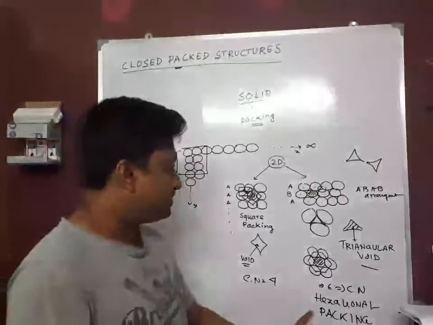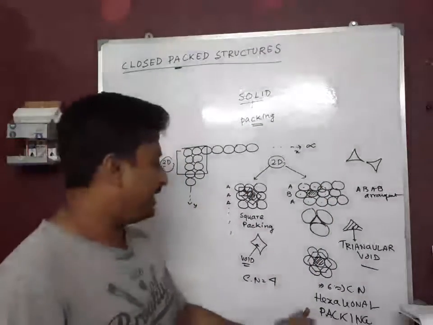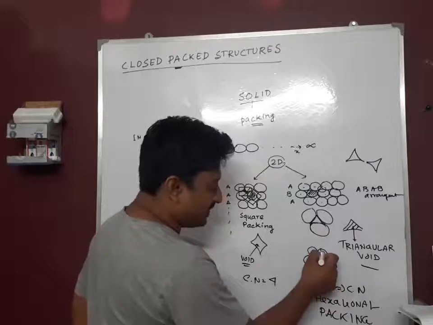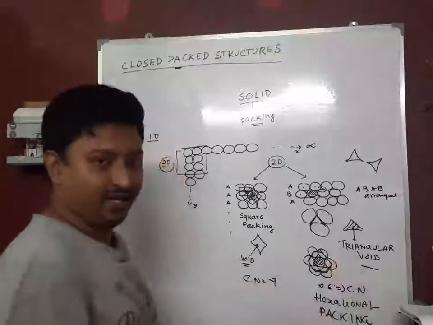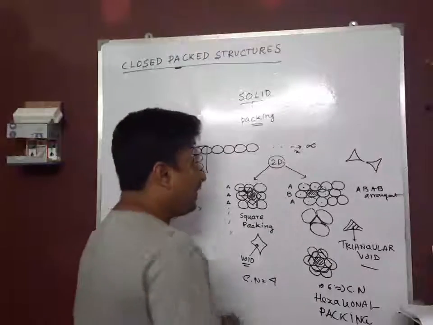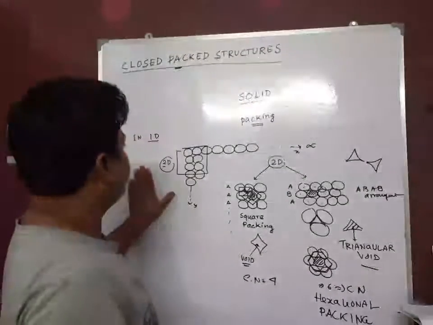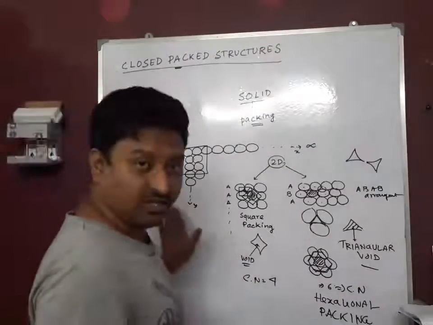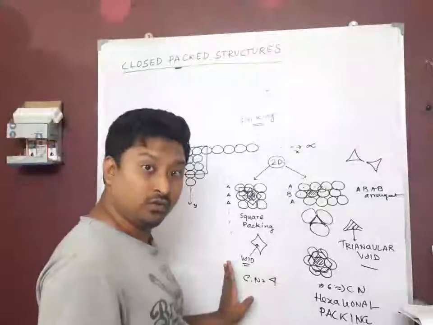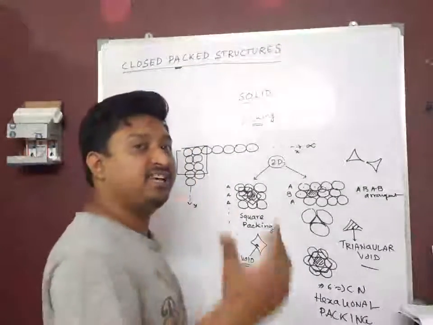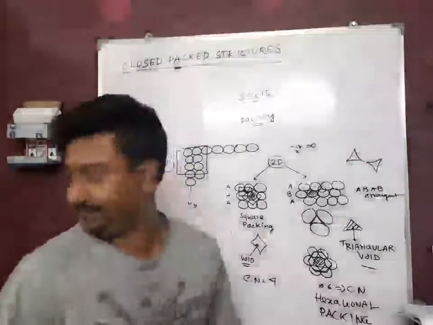So it is known as hexagonal packing, and indeed it forms a hexagonal structure in its coordination shell. Now what we talked about so far is the one-dimensional close-packed structure and the two-dimensional close-packed structure. Now let's see what happens in case of three-dimensional structure.